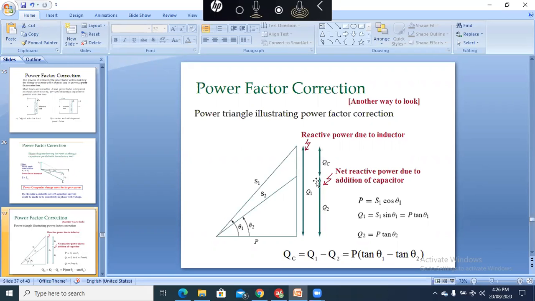power factor. For example, the original reactive power is Q1, and we want to move it to Q2.